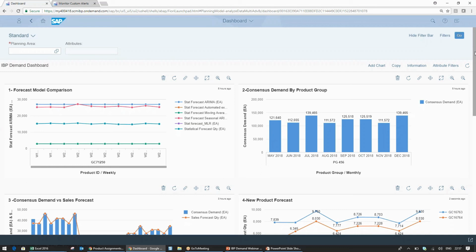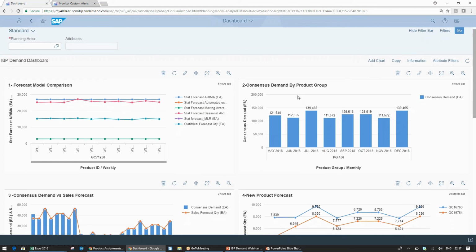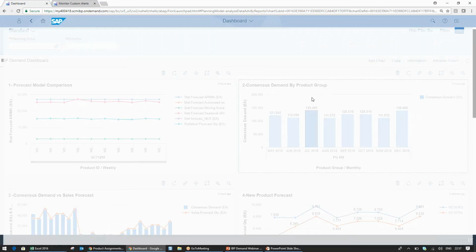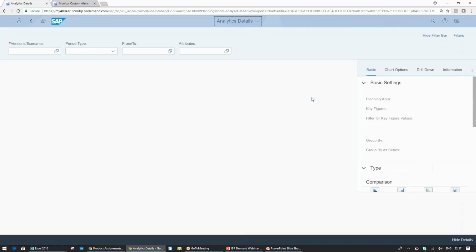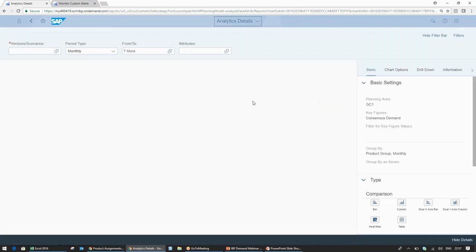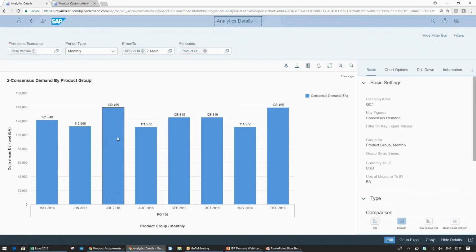or you can assign different filters. You can check what was my consensus demand by a product group. You can check this at an aggregated level as well, but you also have an option to drill down and to look at a more granular level, what was the demand. So in this particular example, you have a consensus demand for a particular month for a product group.